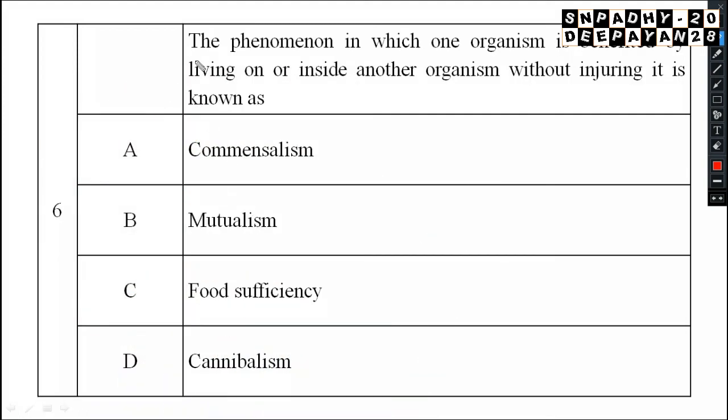Next is the phenomenon in which one organism is benefited by living on or inside another organism without injuring it. That means here one is getting benefit, another one is unharmed. That is known as which one? Mutualism means both will be mutually benefited. Amensalism means one is benefited, another one will be adversely affected.